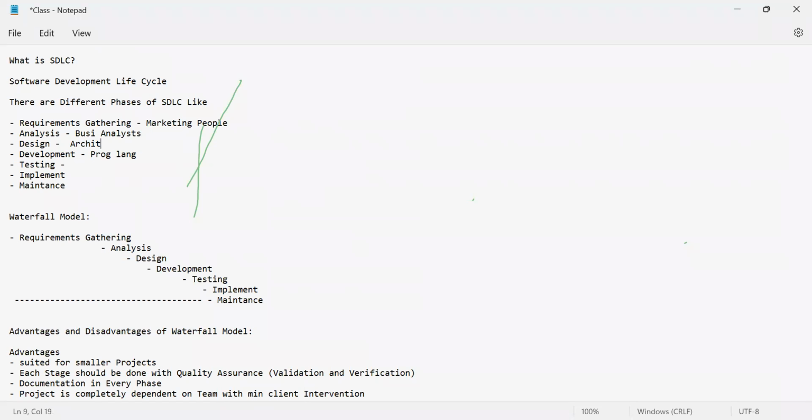Business requirements gathering is done by marketing people. Then who does the analysis of that?